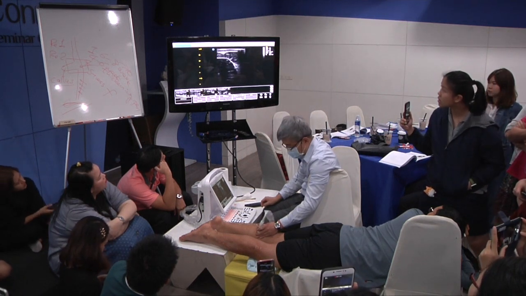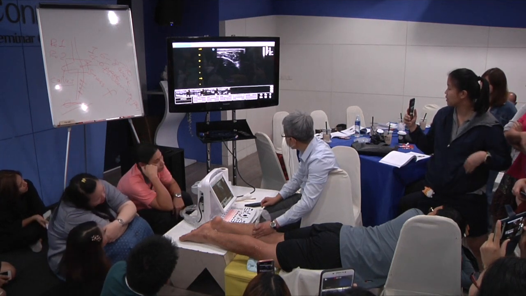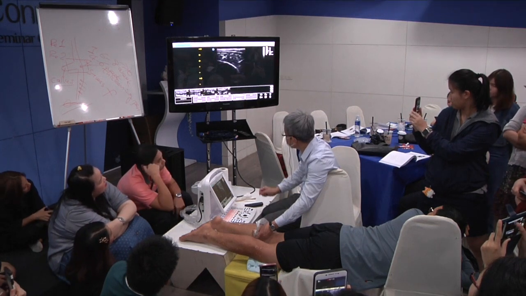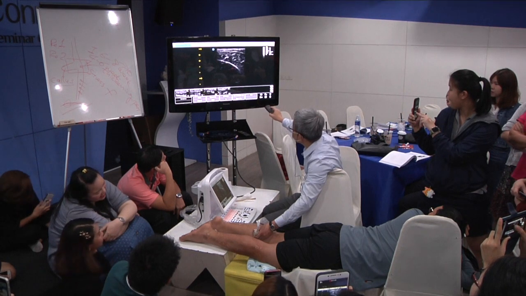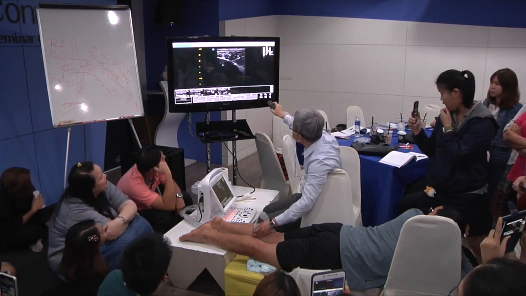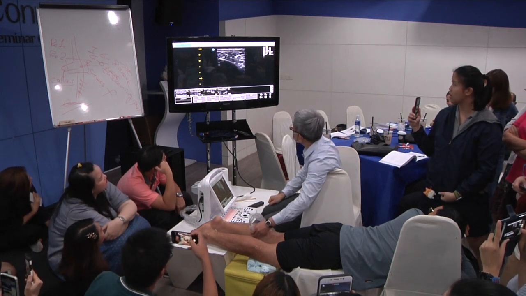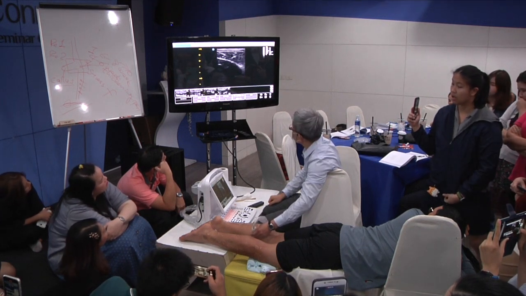Soleus is very big. But if the angle is right, the soleus is very bright.